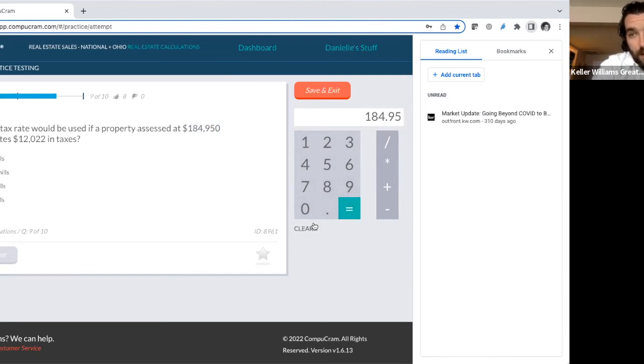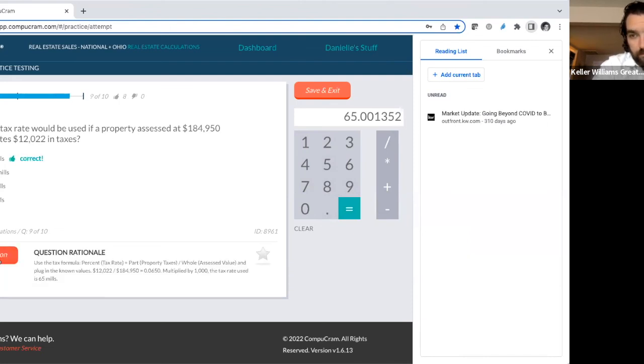Now if we need to know how many mils the tax rate would be, we take the total value of taxes, $12,022, and divide it by 184.95. How many times does 184.95 go into $12,022? The answer is A, 65 mils.